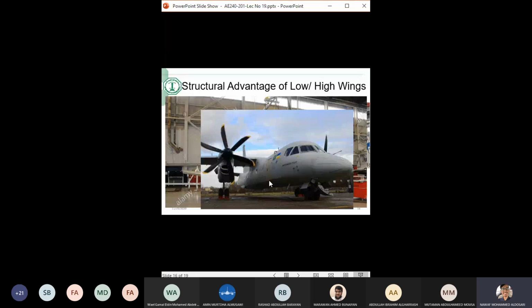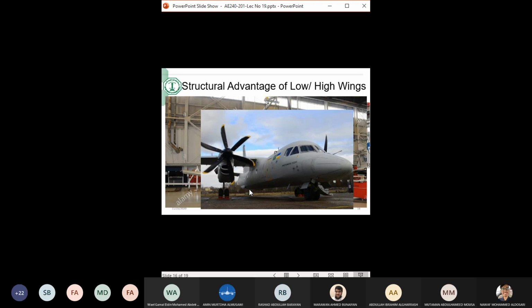You will not be able to retract it inside the fuselage, because in this case, you will have that column hanging in there coming like this. So if you design a high wing and you don't have an engine here to retract the landing gear, we maybe have a pod on the side where we retract the landing gear directly into the fuselage, just like the C-130. So the C-130 would have a pod in which you retract the landing gear.